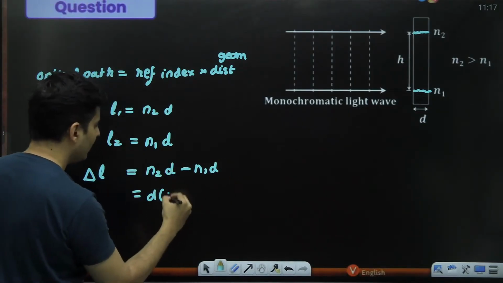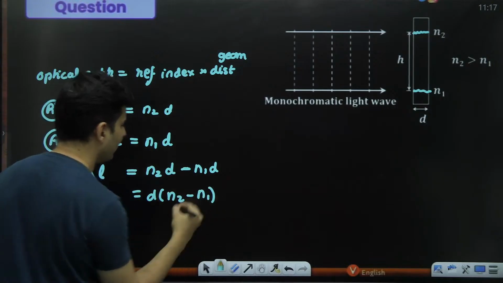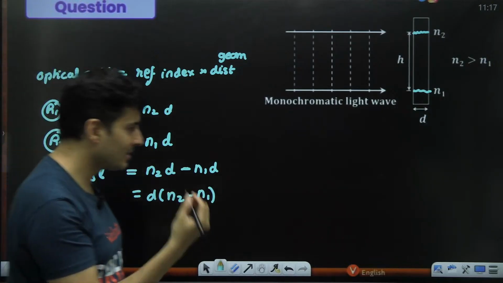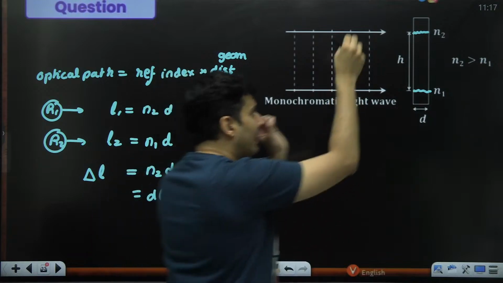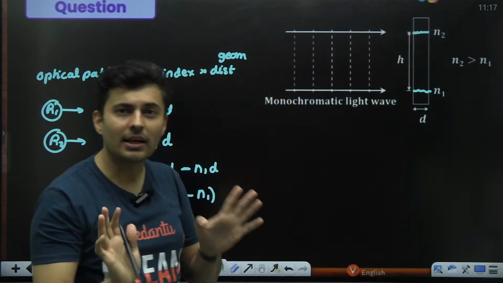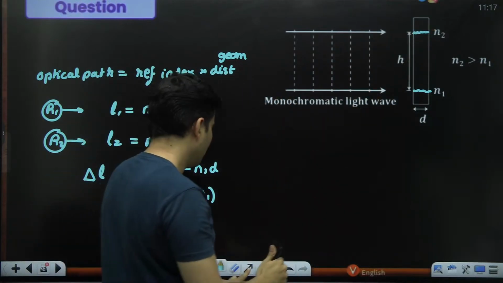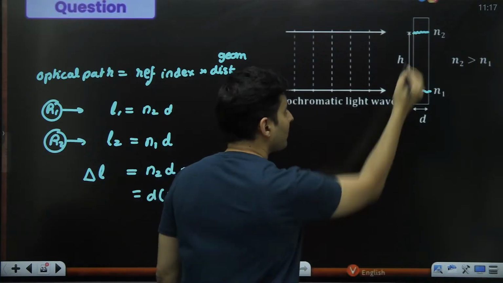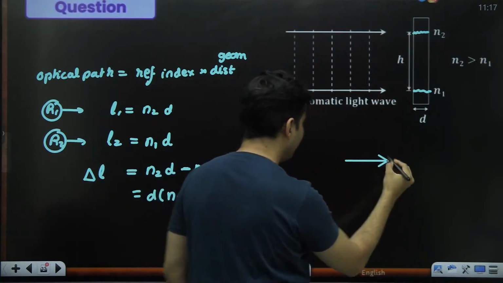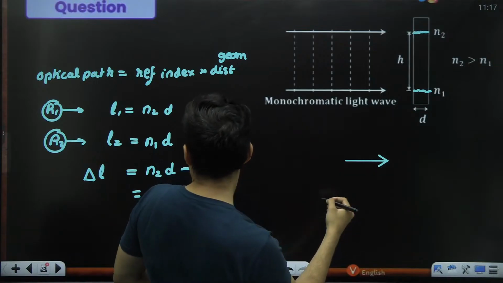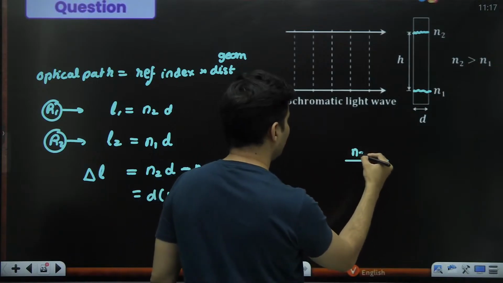Taking d common, it is n2 minus n1, which also means that had this glass slab not been there, this particular ray number 2 would have traveled this distance, n2d.